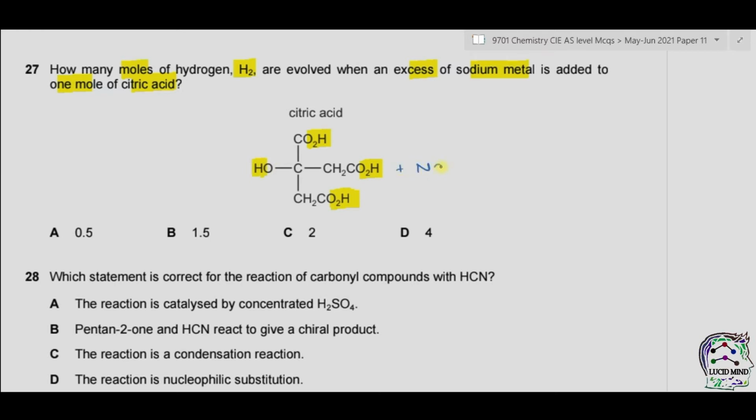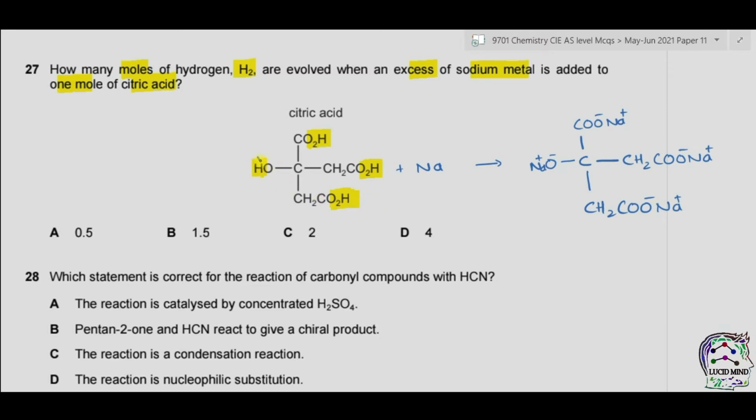So the product will be like this. COONa, sodium salt of carboxylic acid, CH2, COONa, then we have O negative, Na positive, CH2, COONa.